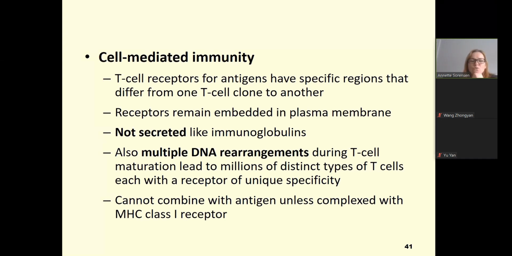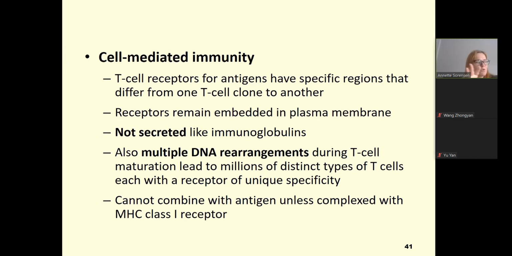Now, during development or maturity of these T cells, I don't want you to focus too much on this because you will hear about that in later years, but you get multiple DNA rearrangements, which means that you get millions of different distinct types of T cell receptors, each very unique to one specific antigen.